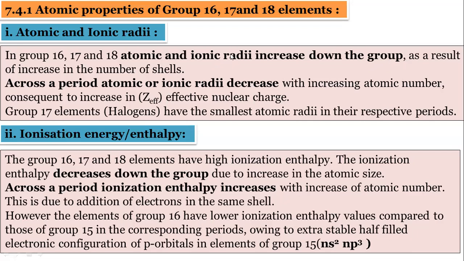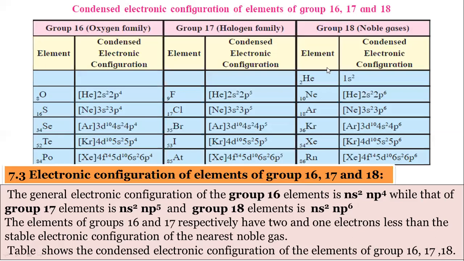This increases because the number of shells is increasing. We can see here the number of shells increasing. Here the shell number is 2p4, and here shells keep increasing: second shell, third shell, then fourth shell, fifth shell, sixth shell.